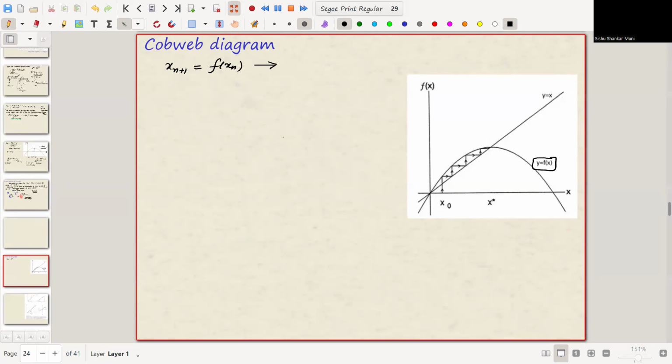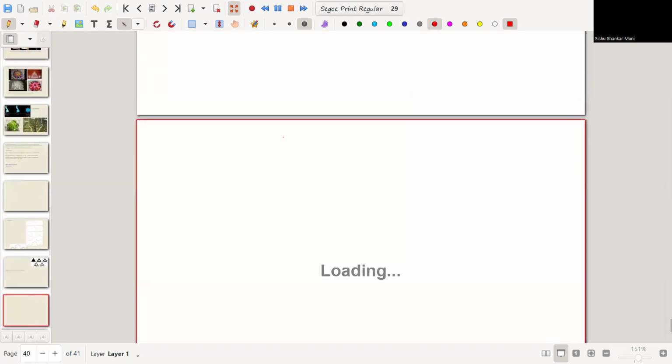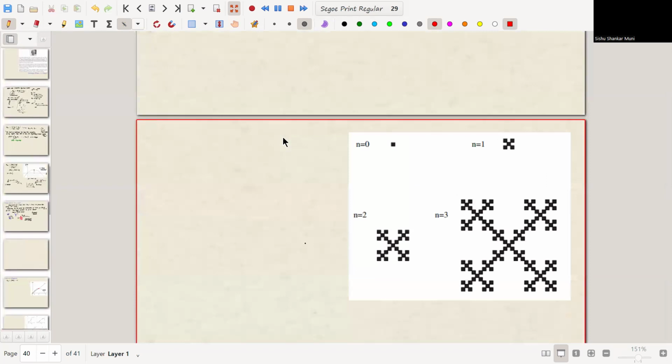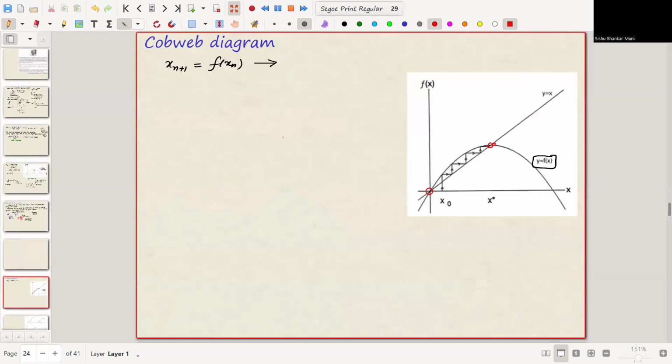So what you do, this is the curve y equals f of x, and you plot y equals x. The points where they intersect are the fixed points of the map. Can you tell me which are the fixed points of the map? Yes, here and here. There are 2 points.